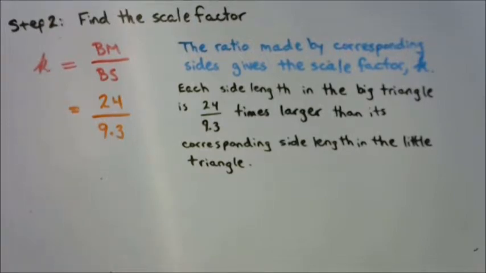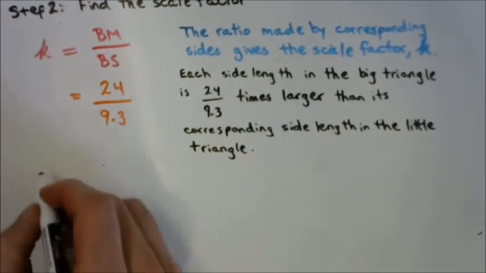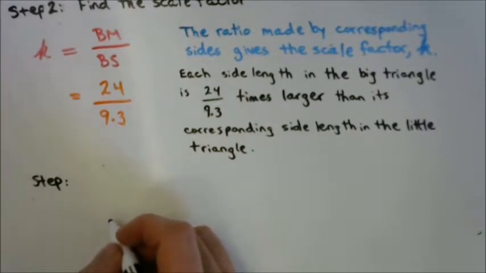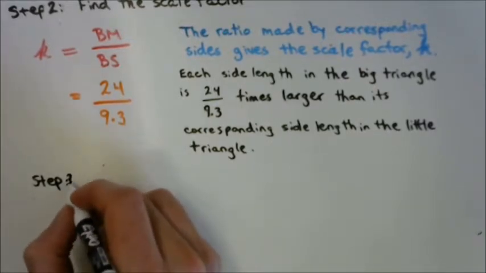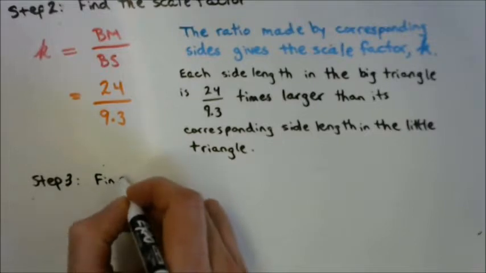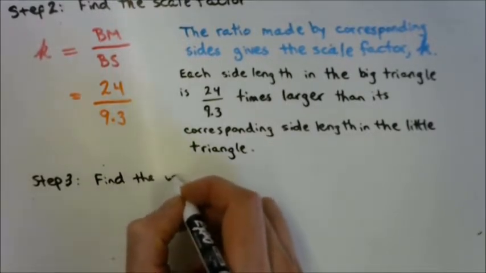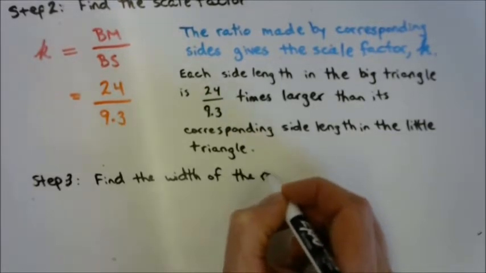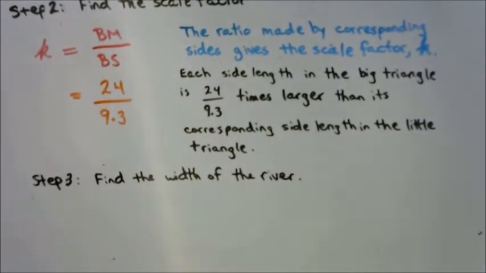And step 3 is simply using our scale factor to find the width of the river. Step 3. Find the width of the river. Well, what side length shows the width of the river?